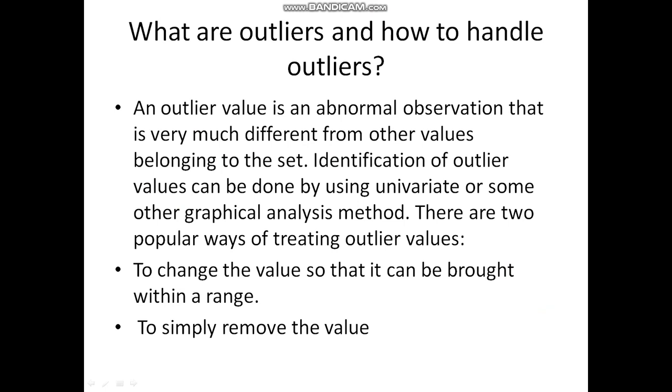Identification of the outlier values can be done by using univariate or some other graphical analysis method. There are two popular ways of treating the outlier values. One is to change the value so that it can be brought within a range. The next one is to simply remove the value. Now let's move on to the next question.